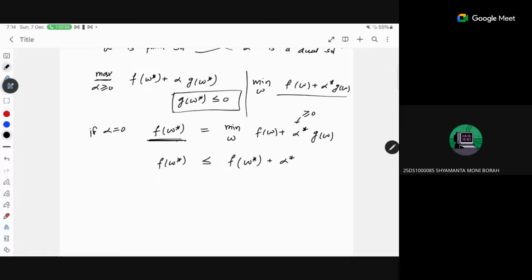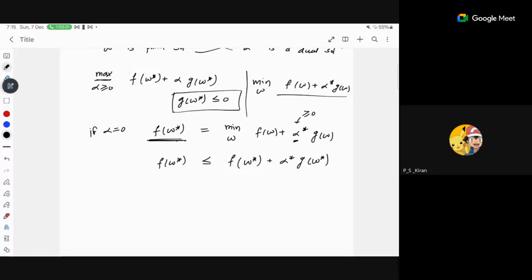Plus alpha star. Okay. Now you are able to understand this part. Because this is the solution, I am just putting W star in that, but it is equal to f of W star when alpha star equals 0. But if it is greater than 0, then this quantity has to be less than this quantity, right? I hope that is okay, right?